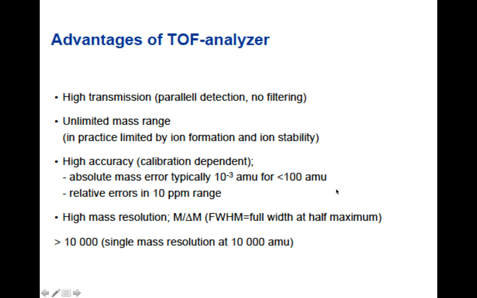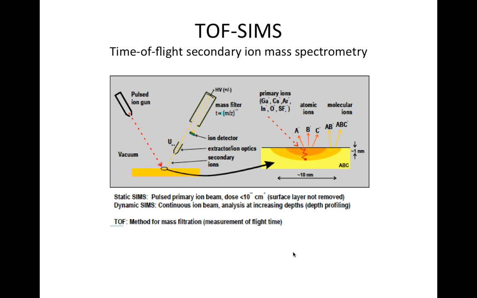We get high mass resolution, more than 10,000 single mass resolution, which means that is more than 10,000 Daltons. So the time of flight secondary ion mass spectroscopy, just remember you have a pulsed ion gun, you are in ultra high vacuum, and then you apply this energy.